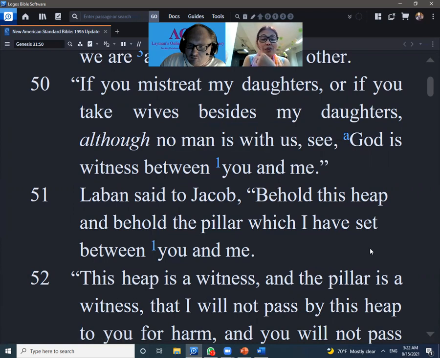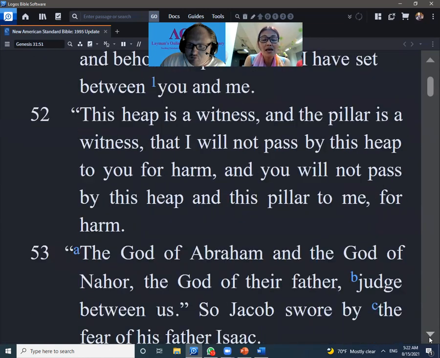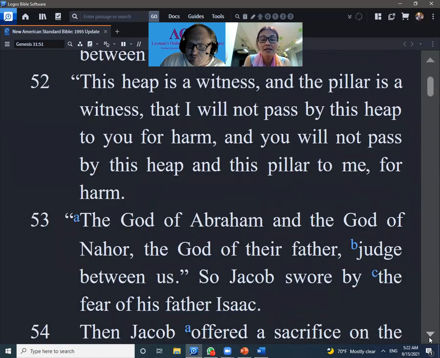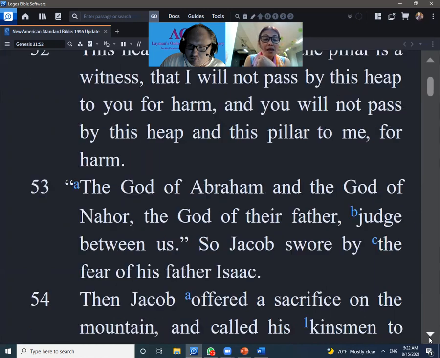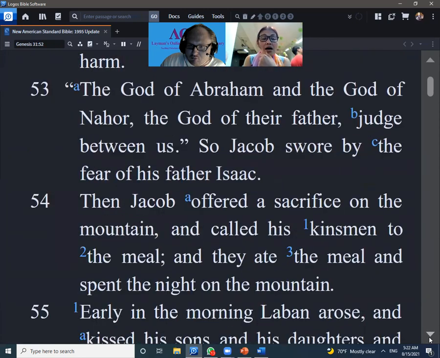See, God is witness between you and me. Laban said to Jacob, behold this heap, and behold the pillar which I have set between you and me. This heap is a witness, and the pillar is a witness that I will not pass by this heap to you for harm, and you will not pass by this heap and this pillar to me for harm. The God of Abraham and the God of Nahor, the God of their father, judge between us.